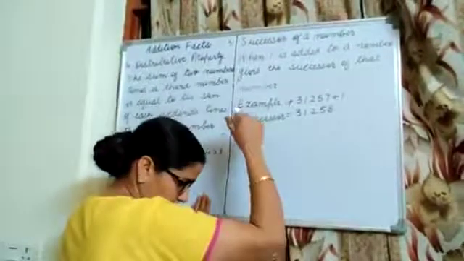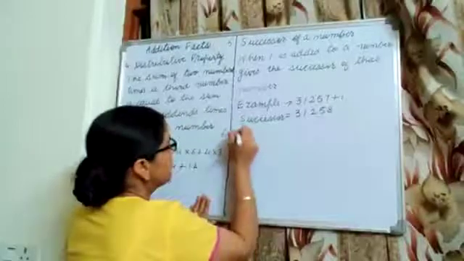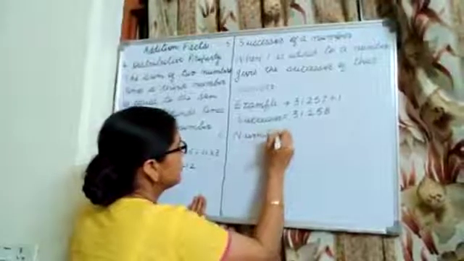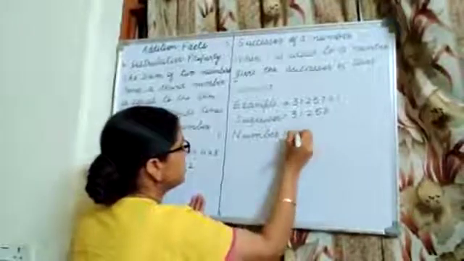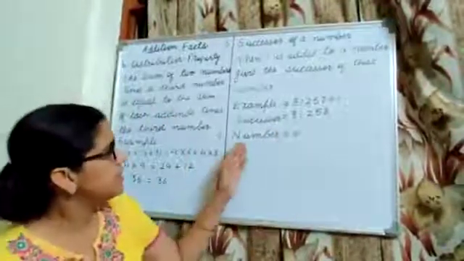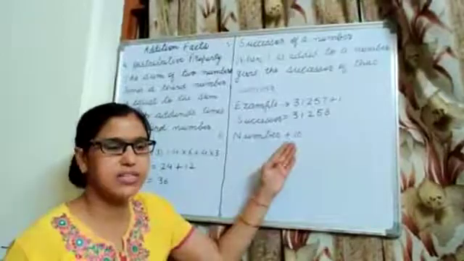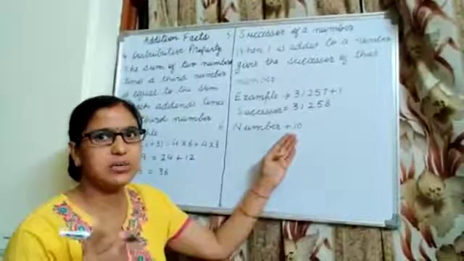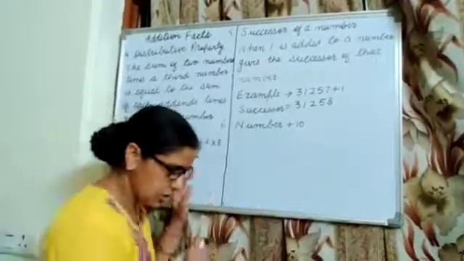Next property is number plus 10. As this property suggests, 1 is added to the digit which is at the tens place.